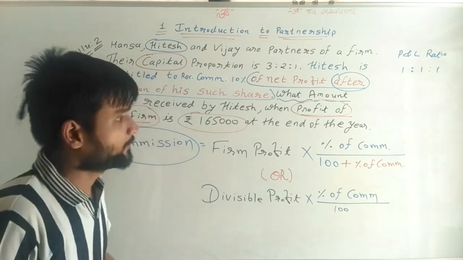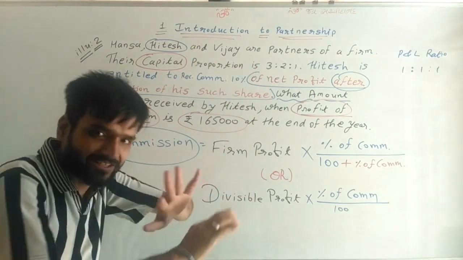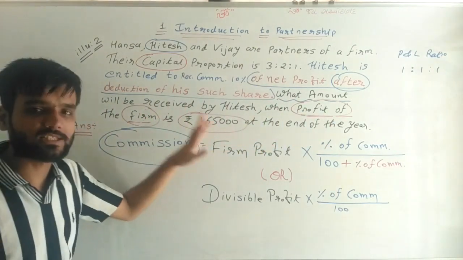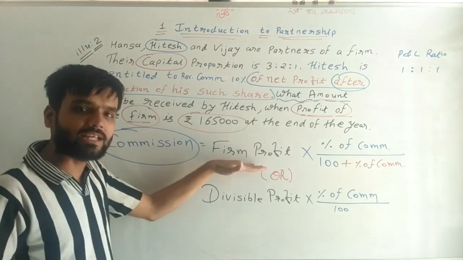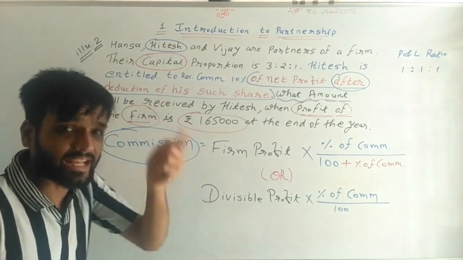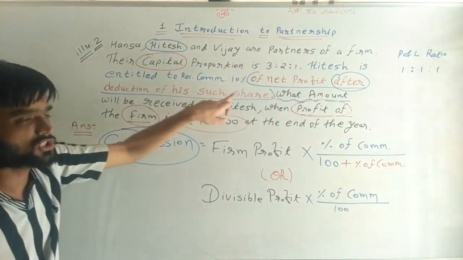First of all, in the question, firm's profit is available. Yes, profit of the firm is 1,65,000 rupees, so the first formula is applicable. Second, it is also given that the commission is on profit after deduction of his such share.